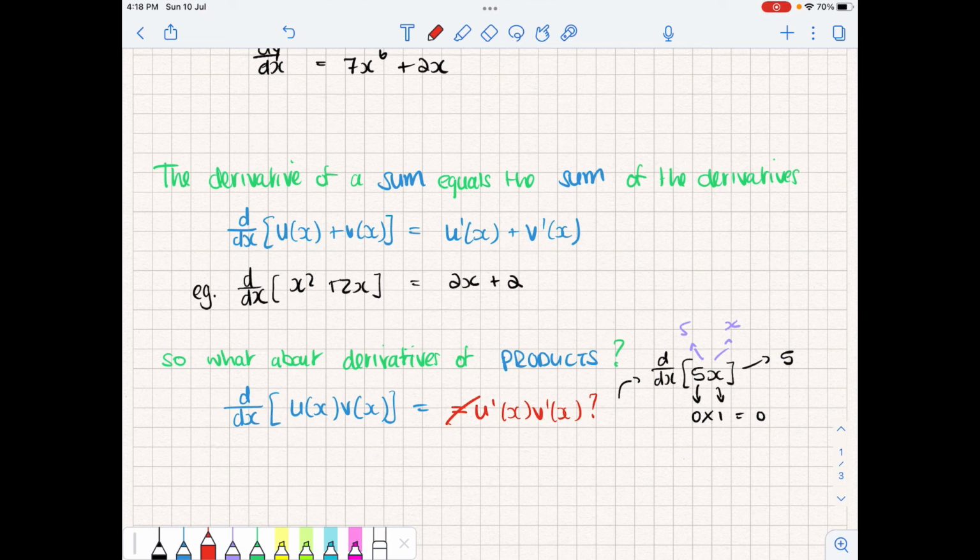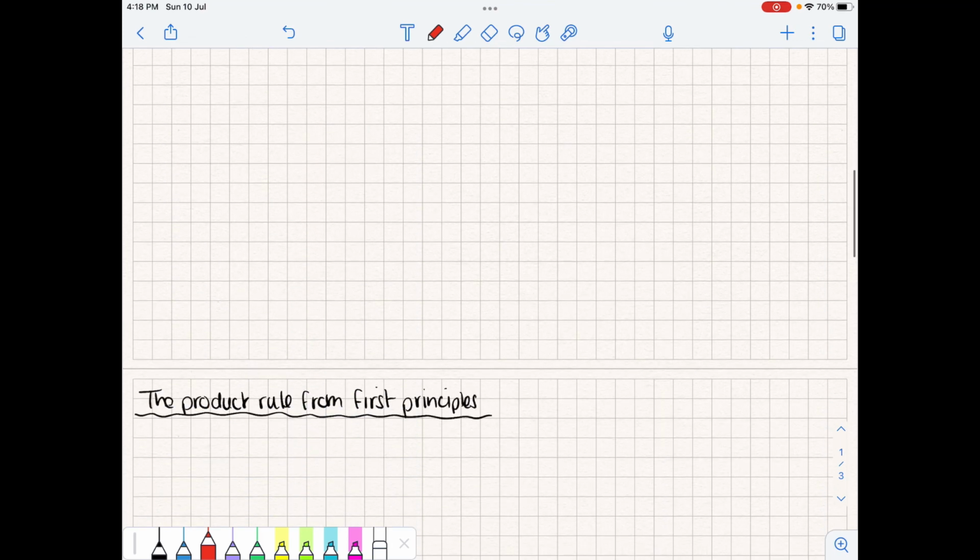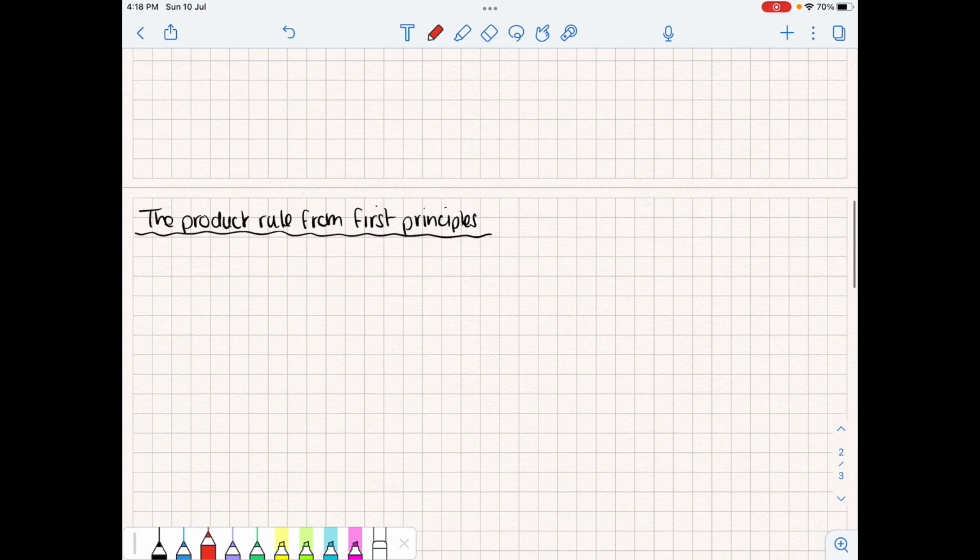And the way we learn all new rules is by thinking about them in terms of first principles. So we'll come back to this and put the correct equation there. But let's consider how we would calculate the derivative of a product. It helps to start by asking, what is first principles?